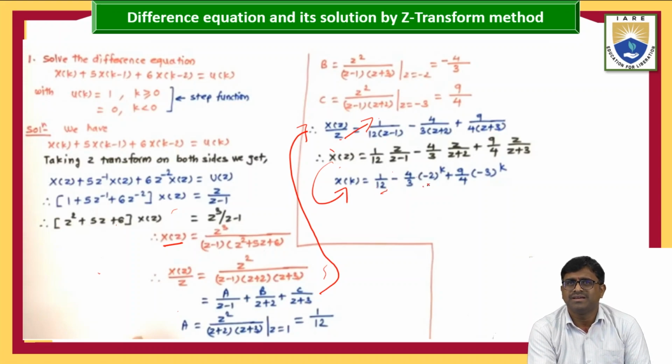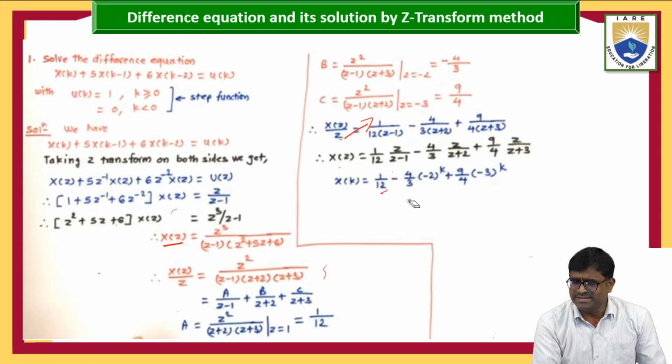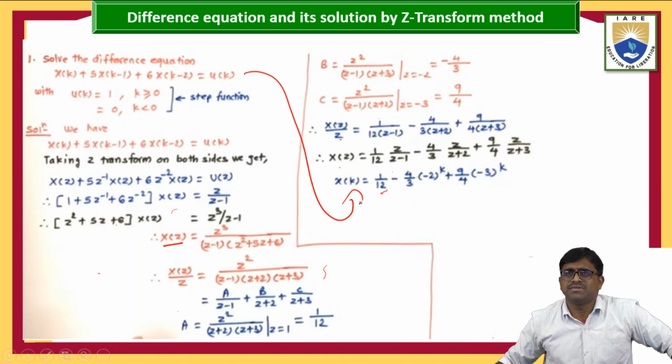Minus 4 by 3 gives minus 2 whole power of k, and similarly the last term gives minus 3 whole power of k. This is the output of the discrete time system for this difference equation.